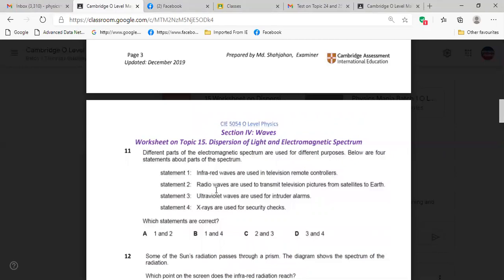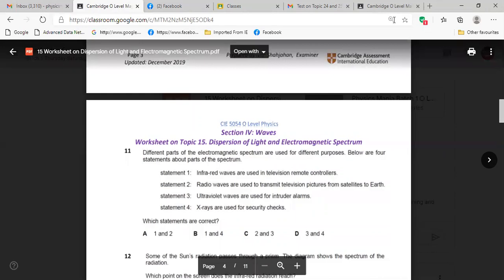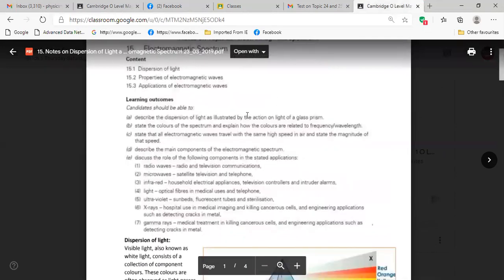Statement 2, why can we not take it? In radio waves, it's written radio and television communications.